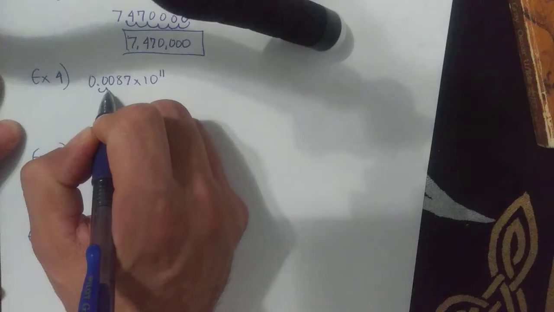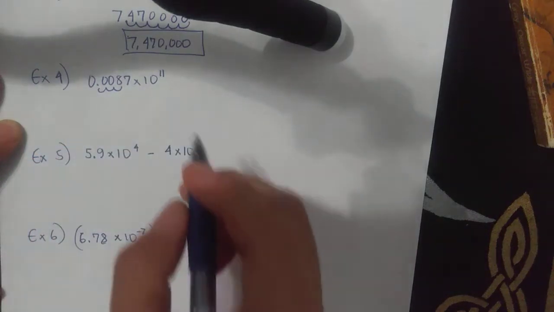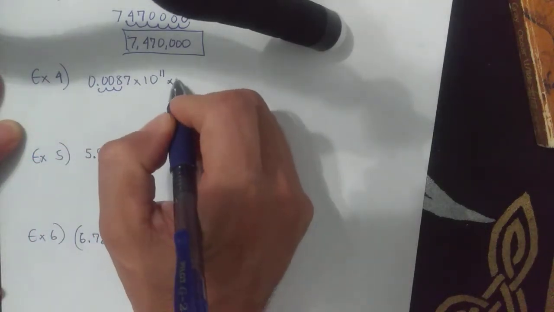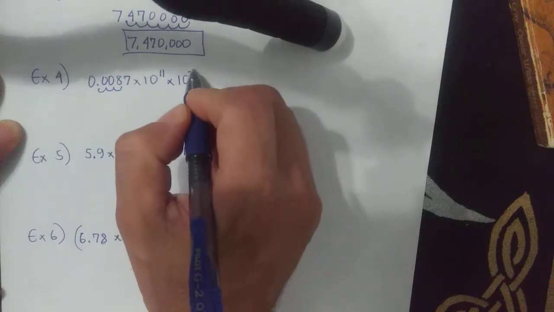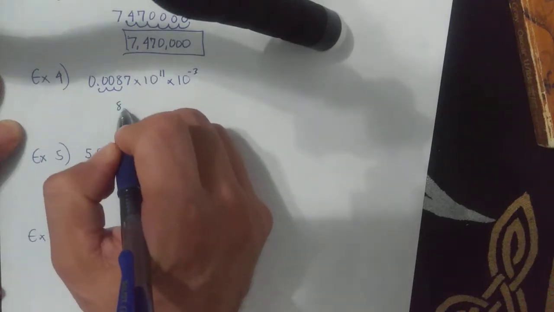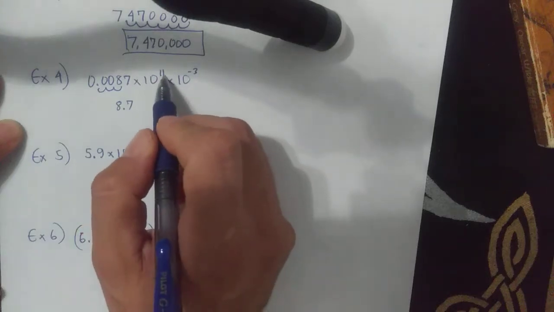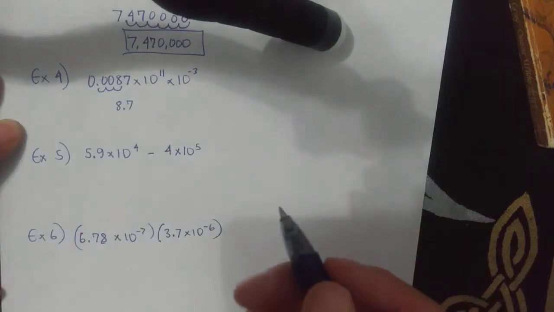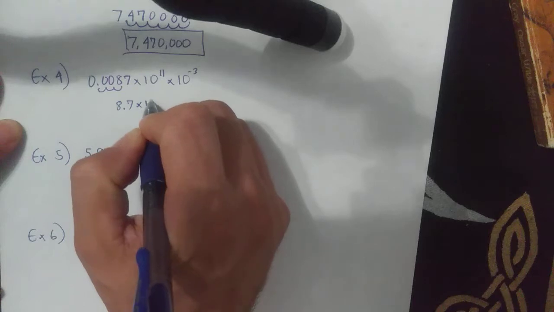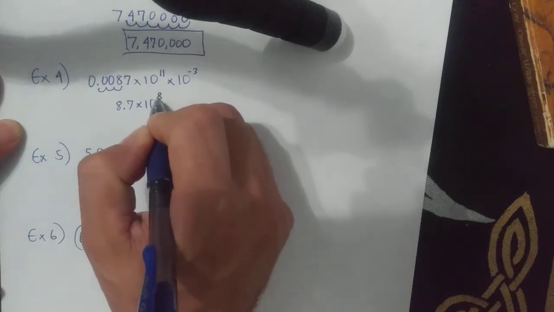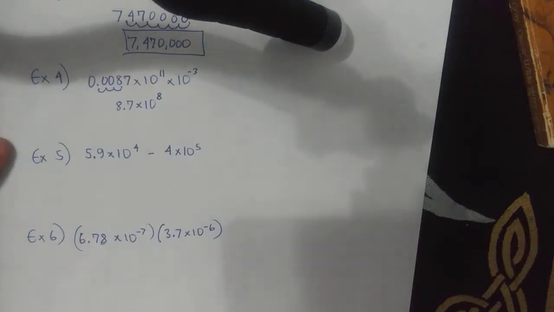So I'm going to move it 1, 2, 3 places. So that means I'm going to have a minus 3 up there. So 8.7. And then I just add those together. What's 11 minus 3? 8. And that's my answer.